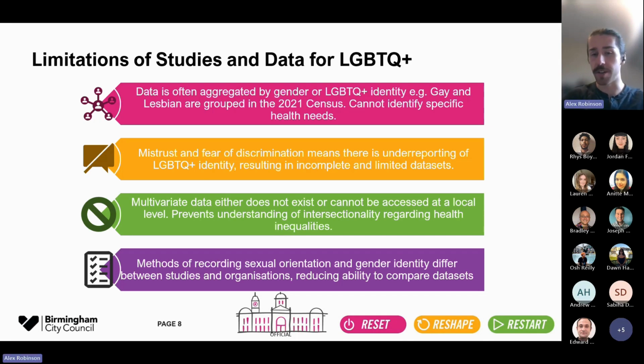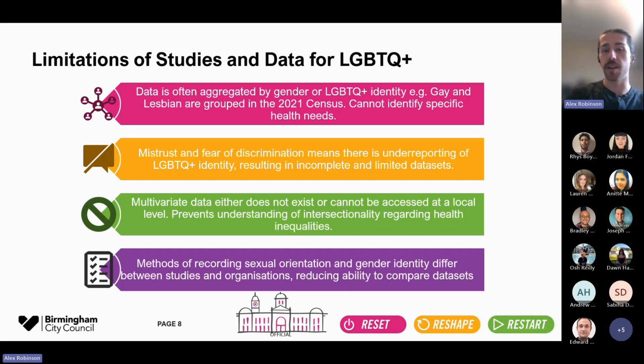That causes significant issues for understanding the differences between those groups. For example, the 2021 census aggregates gay and lesbian together within one category, without distinguishing between them based on gender identity. In some data, bisexual men are often grouped with gay men, and that erases those individual groups within health data, so we can't understand specific health needs that they might have.